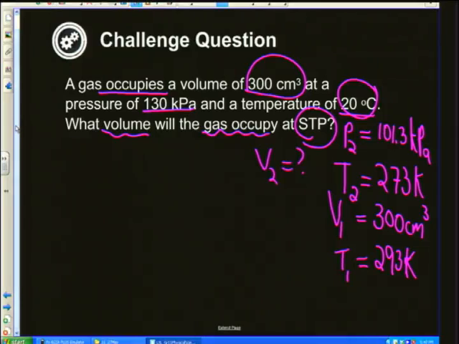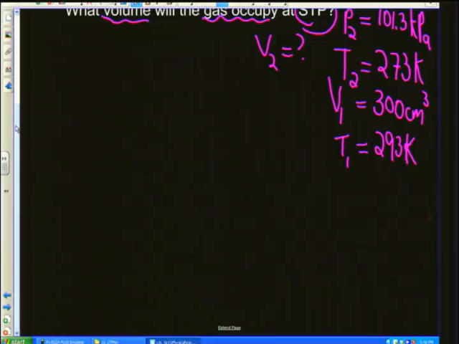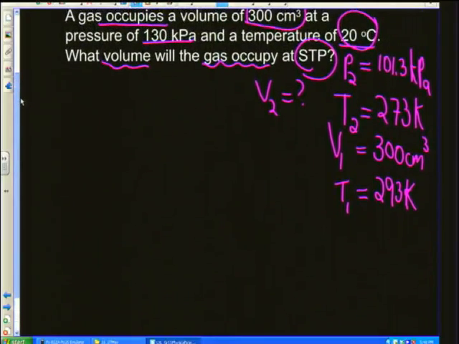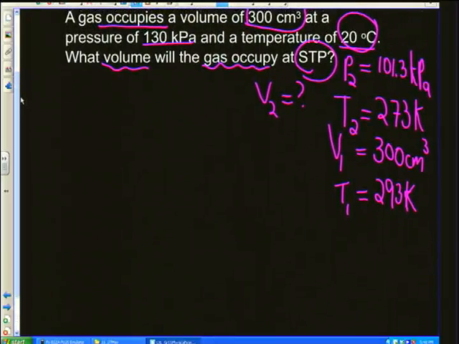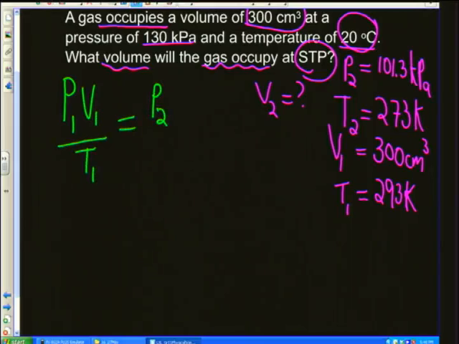Now, if you look at all that is given to us here, it immediately suggests what formula you're going to use. You are going to use the formula that we used earlier on, the combined gas equation: P1 times V1 over T1 equals P2 times V2 over T2.